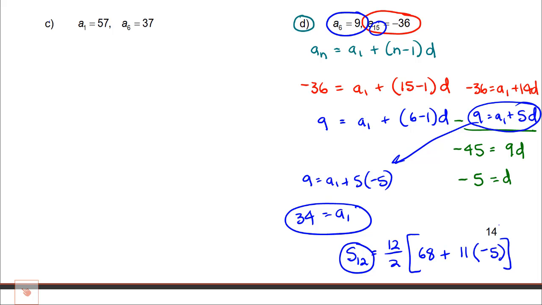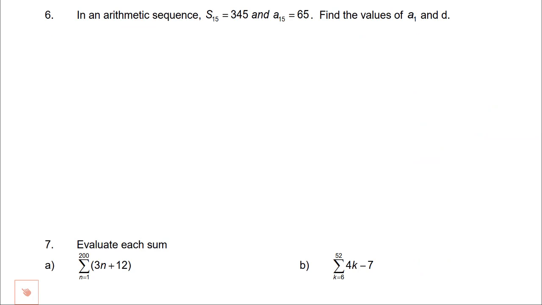Okay? Same idea here. Let me jump down to, okay, we did this, let's see, which one do I want to do? So, find a sub 1 and d, let's see. Looking at this, I have, oh, I can do this.